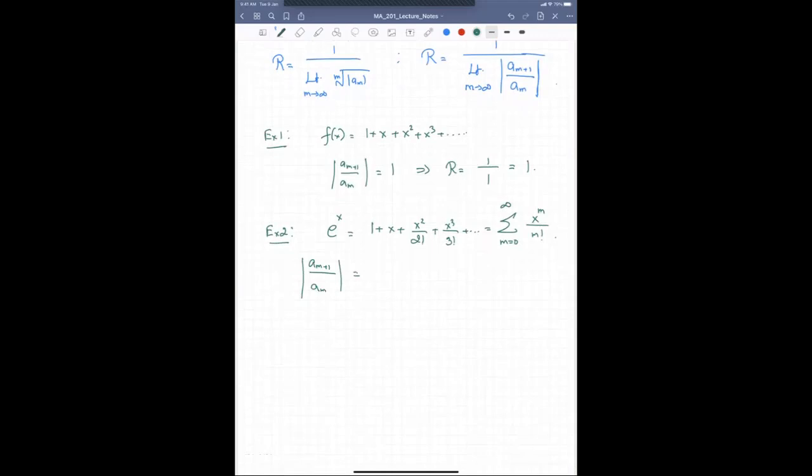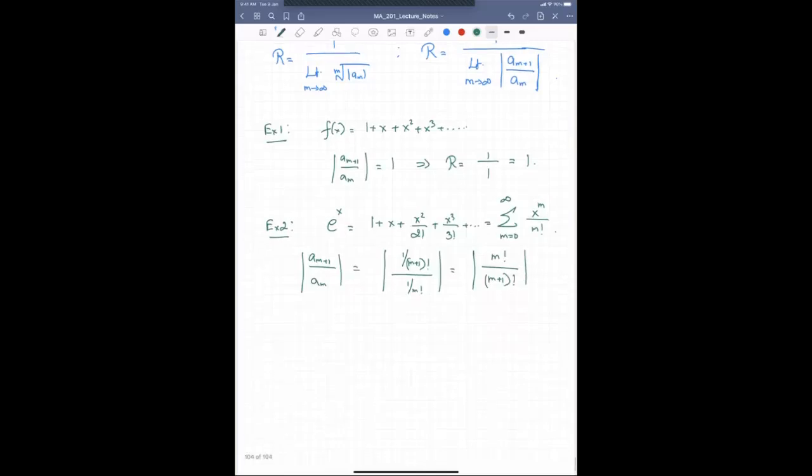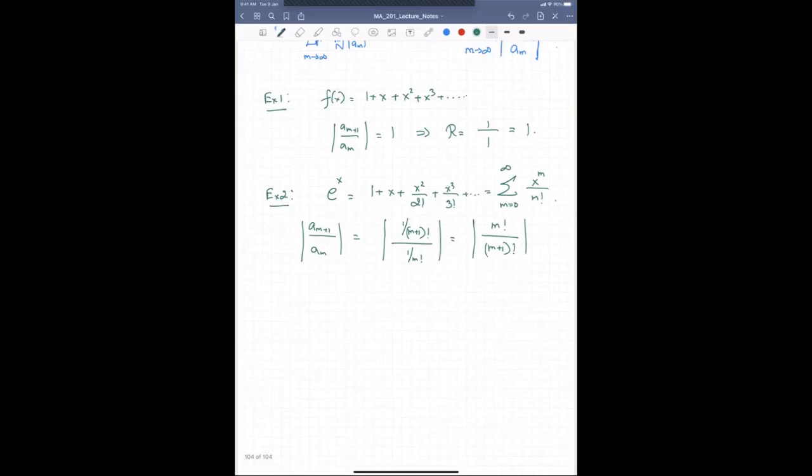I'm looking at the coefficient of x to the m plus 1 and the coefficient of x to the m. The coefficient of x to the m plus 1 is 1 over (m plus 1) factorial, and the coefficient of the mth term is 1 over m factorial. So this is m factorial over (m plus 1) factorial. Since m is a positive integer, I can get rid of the modulus sign, and this is basically 1 over m plus 1.